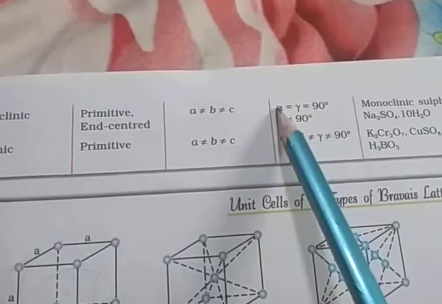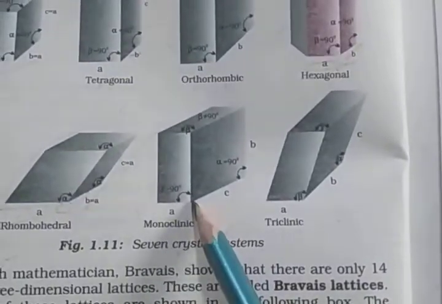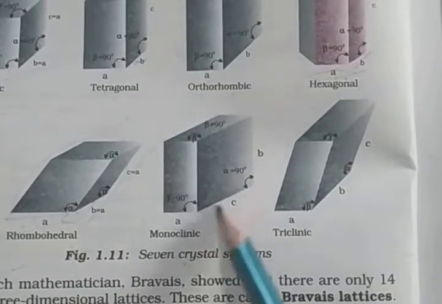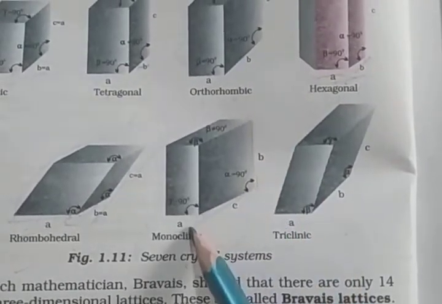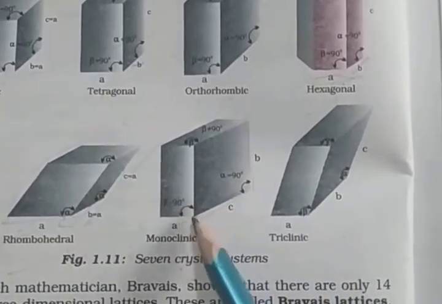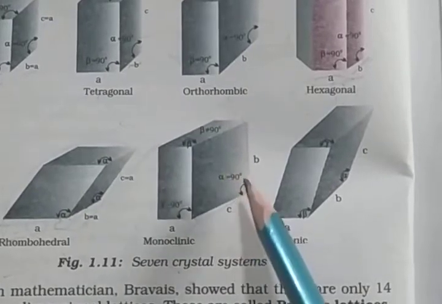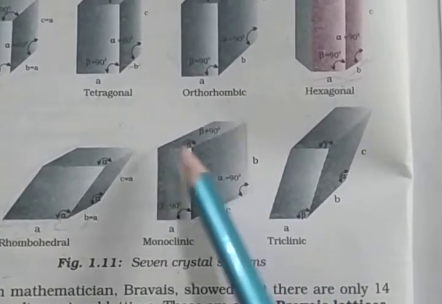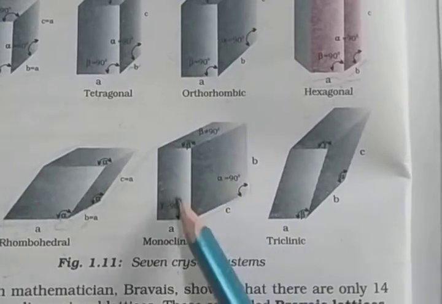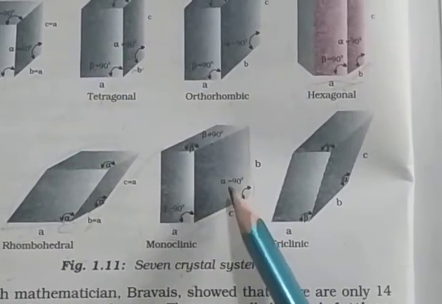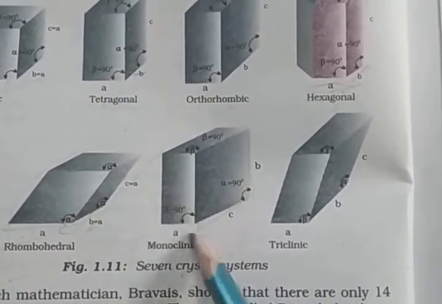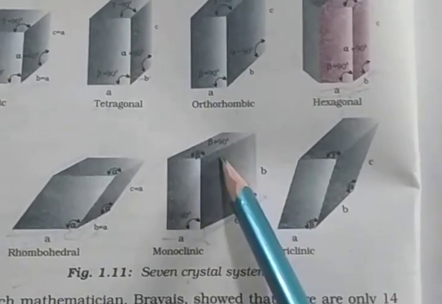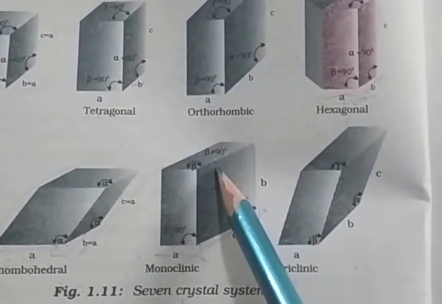Here alpha and gamma are 90 degrees. Here you see this side A, this side B and this side C. Alpha is opposite side A, beta is opposite side B, and gamma is opposite side C. So alpha and gamma are 90 degrees, but beta is not equal to 90 degrees.